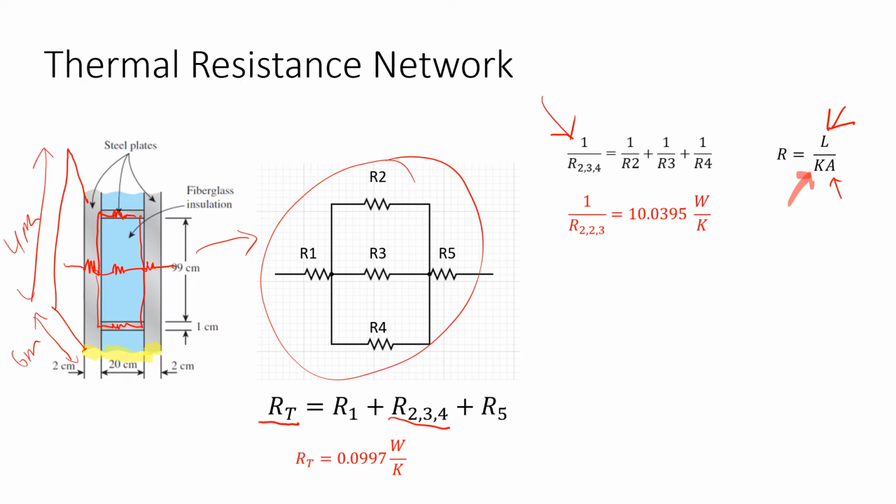So that is how we find our resistances, and our total parallel resistances came out to be 10.0395 watts per Kelvin, and we plug that in down here. And then once we add those up, our total resistance becomes 0.0997 watts per Kelvin.